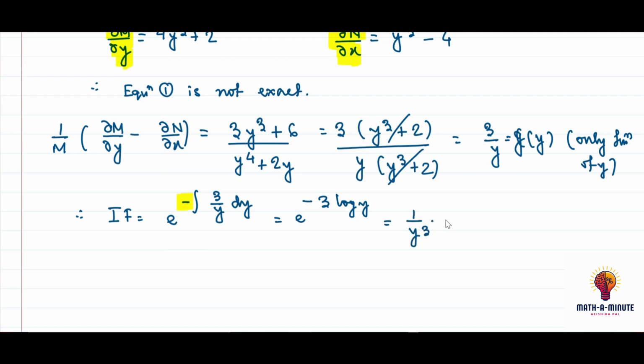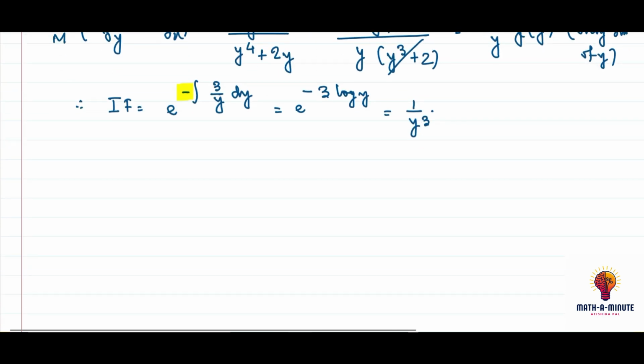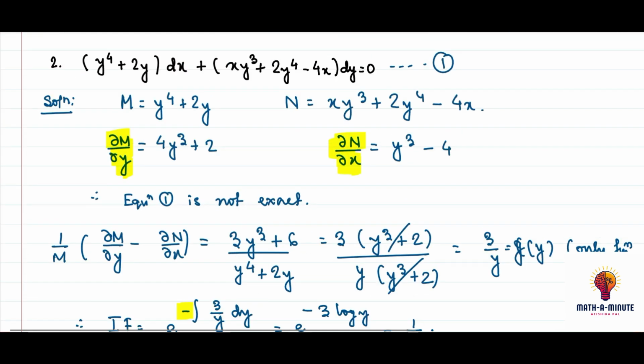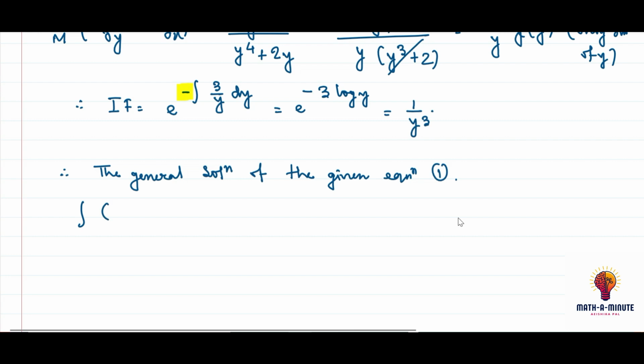Now you have to find the general solution. What will be the general solution? Therefore, the general solution of the given equation 1 will be integration of M, so let me check the value of M, it's y to the power 4 plus 2y, into 1 by y cube, dx, plus integration of N into the integrating factor.